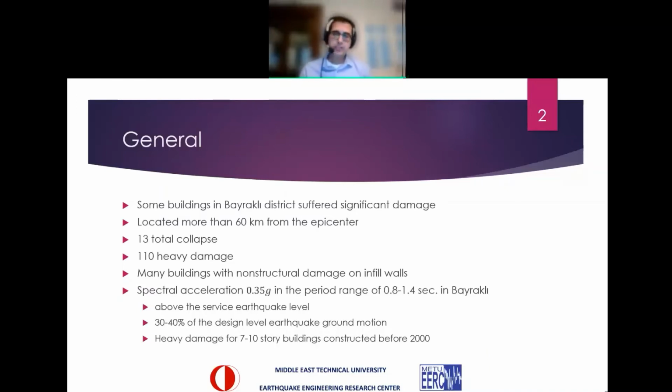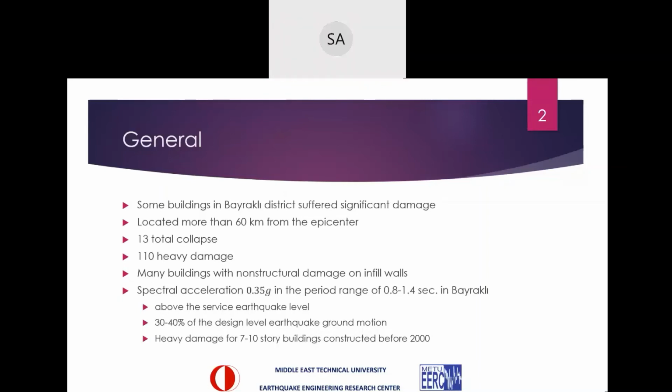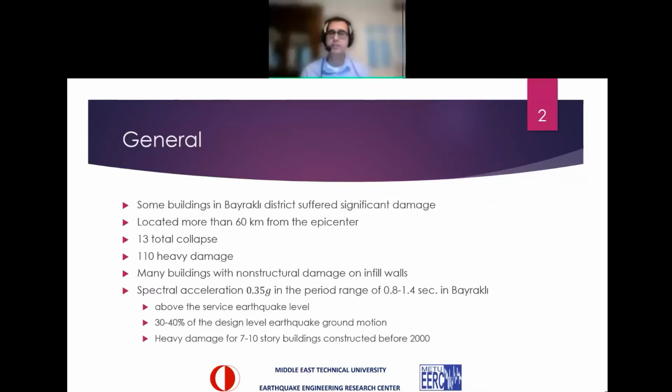Despite the location, which is almost 60 kilometers away from the epicenter, we have 13 total collapses, 110 heavy damage, and many buildings with non-structural damage on infill walls. Over there, the spectral acceleration was approximately 0.35 g in the period range of 0.8 and 1.4 seconds.